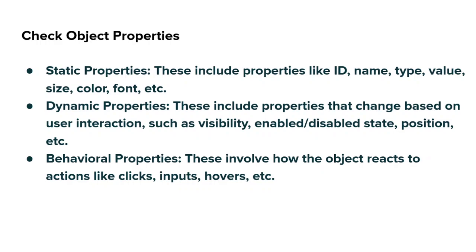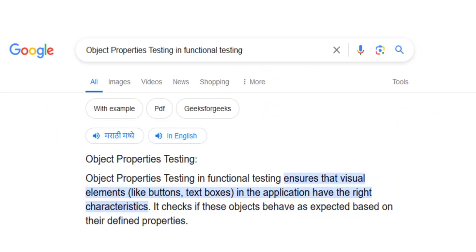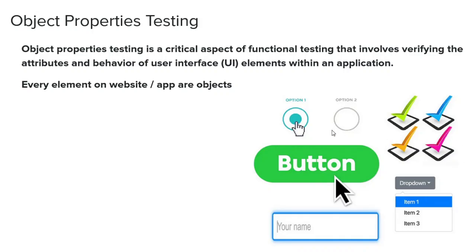Behavior properties. So sometimes we have to also check the behavioral properties as well. So how the object reacts to the action like clicks, inputs, hovers, etc. These are nothing but checking the object properties. So if you see, sometimes while clicking on this radio button, we have to show this hand cursor icon.